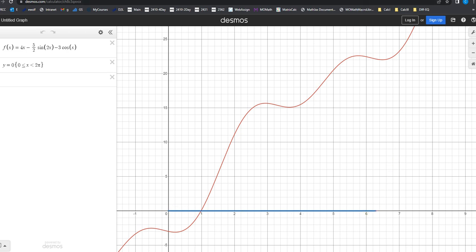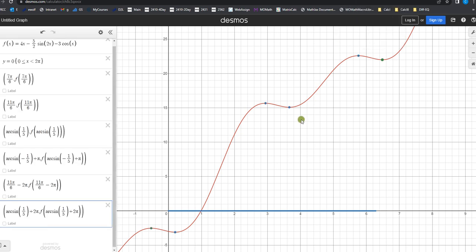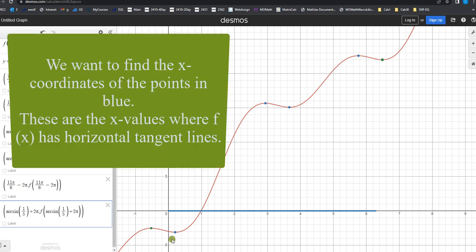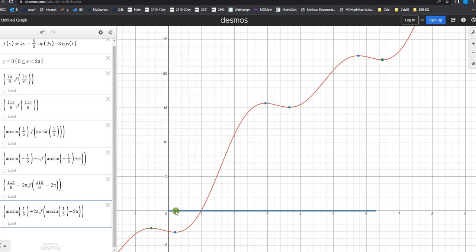To explain this, let me switch over to a different graph. In the final part of this question, we're after these blue x points: this x point, this x point, this x point, and this x point. So we're looking for these 1, 2, 3, 4 locations where the graph of f has a horizontal tangent line, and those locations lie within this interval here, which is the interval between 0 and 2 pi.